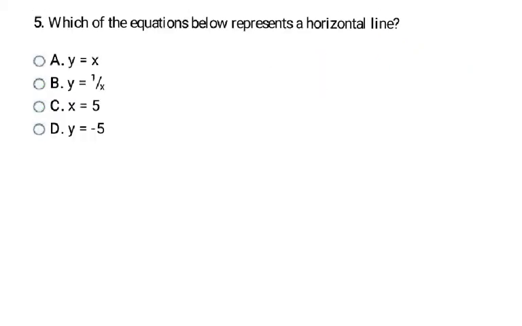Now in this example, we're getting back into our horizontal and vertical slope rules. It wants to know which equation below represents a horizontal line. Well, horizontal, that acronym was HOY. So a horizontal line means it's going to cross the y-axis.